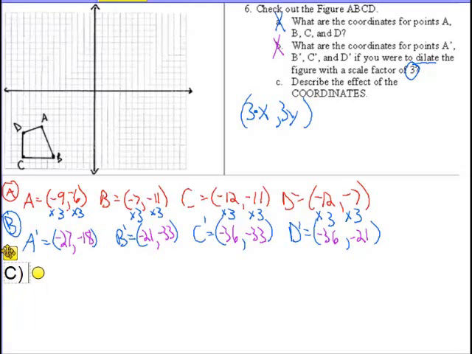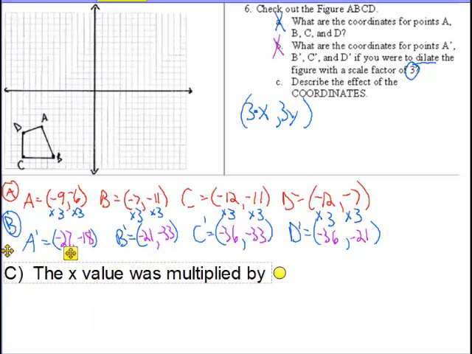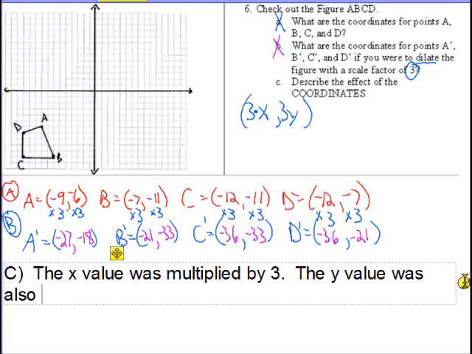So I would say something like the x value was multiplied by 3. The y value was also multiplied by 3.